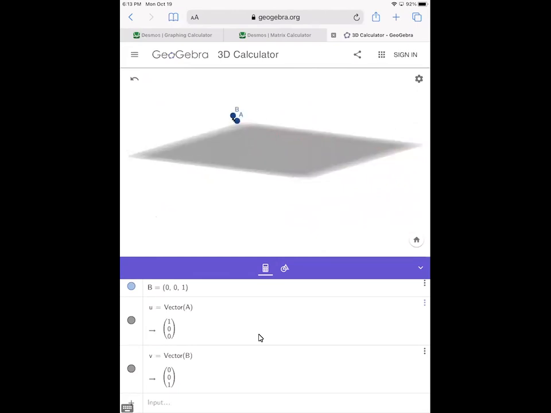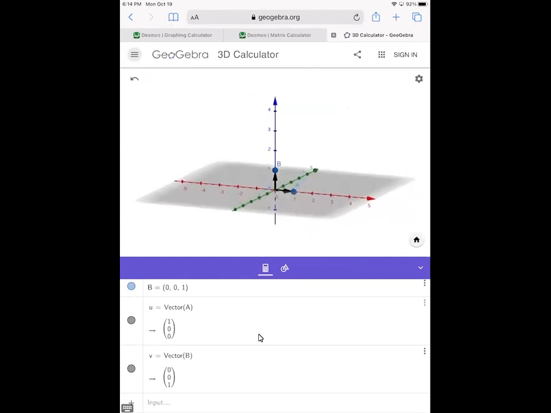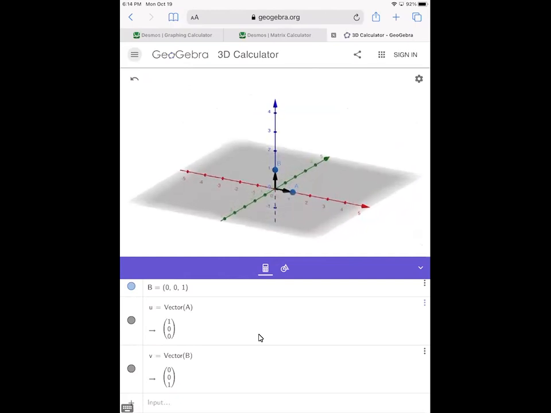Oh, yeah, I hate this thing. Honestly, the GeoGebra part of it isn't the issue. It's the fact that it's not a user-friendly app. Let me just hit home. All right, that I could have done a little sooner. That one's on me. All right, so anyway, at long last, I finally got that going.